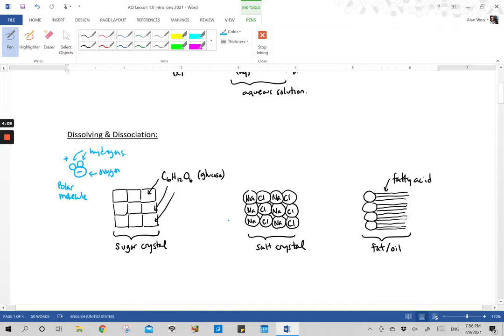Other polar molecules include things like sugar. So sugar is polar. Alcohols are polar as well, but salt crystals are not polar. They're actually ionic compounds.